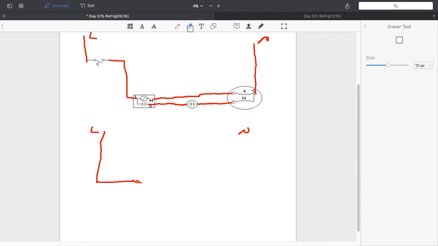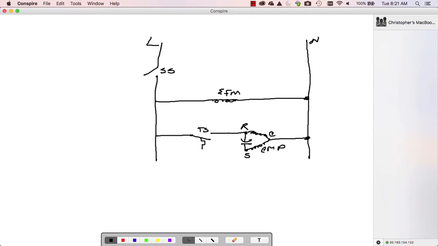actually we'll do this on another screen because I'm running out of screen space there. So let's go ahead and go here, and I'm just going to quickly remove that. We'll clear all there. And then again, if I did that diagram that we just did, I'd have my line, my neutral, come out of line, cooling thermostat.